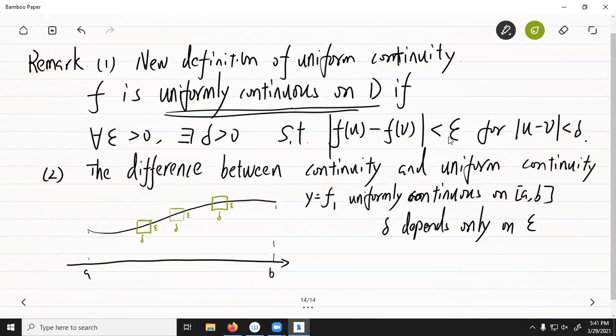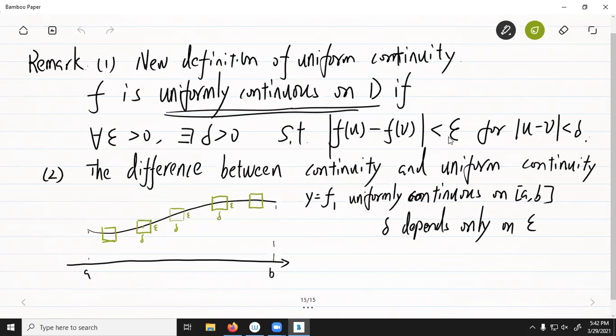It always makes the curve enter the box from one side and leave from the other side. So this box has nothing to do with the positions. You can put the same box here, and here.